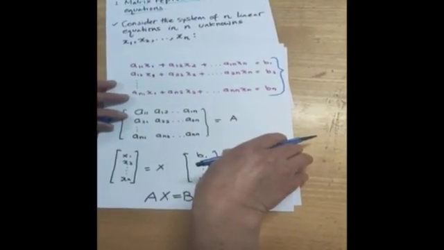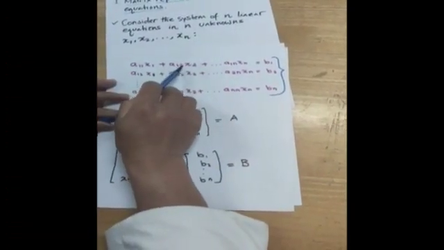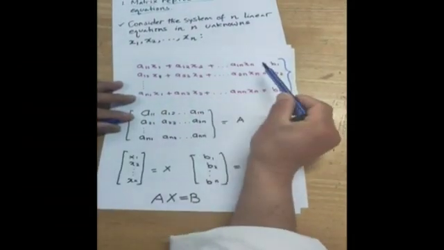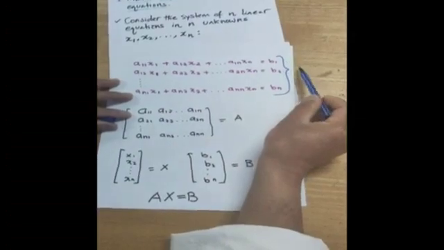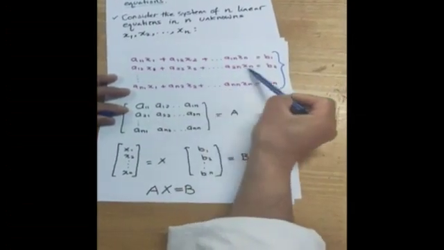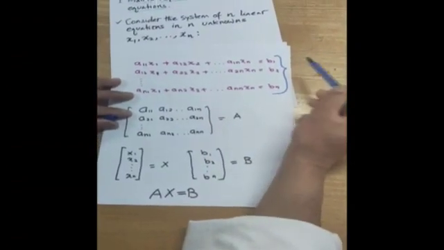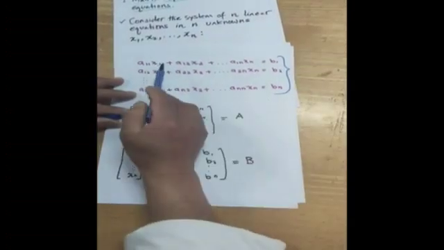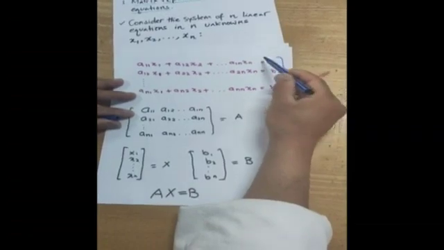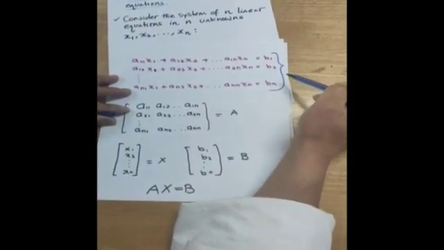In this system of linear equations, the coefficients a11, a12 till a1n are the coefficients of the first linear equation, and similarly the coefficients of the second equation are given here. The variables involved are from x1 till xn, and the constants are b1 till bn.